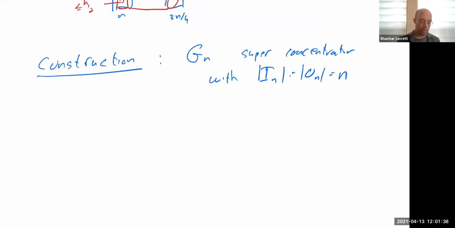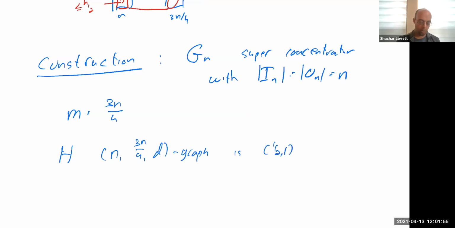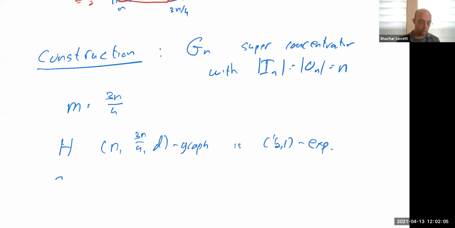Let's set m to be 3n over 4, and let H be the n by 3n over 4, constant degree graph which is a half-1 expander that the previous claim says exists. Maybe we don't construct it, but it exists. We're also going to use G_m, a recursive construction for the smaller value m equal to 3n over 4.